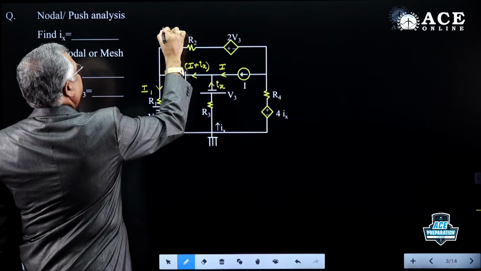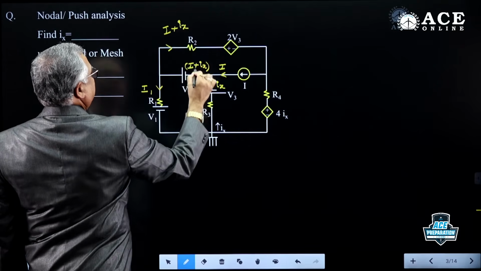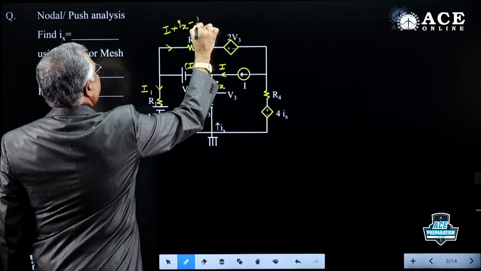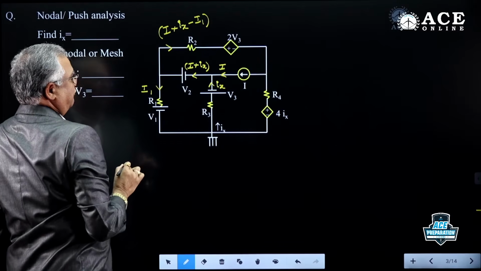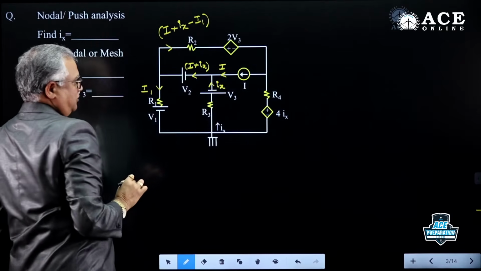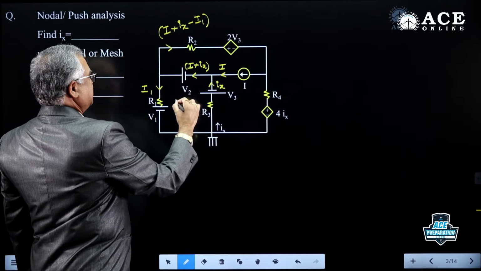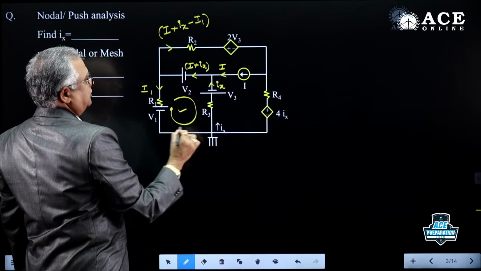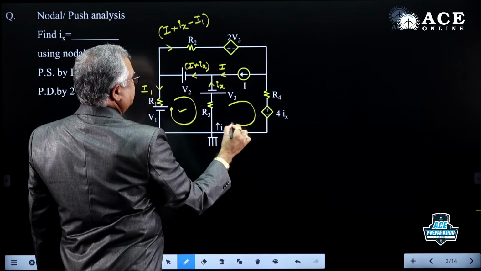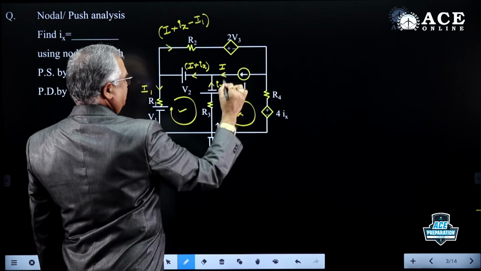And this is I. The total number of unknowns are Ix and I. Because of two unknowns, two equations. One mesh equation we can consider in this loop. This is accepted, and this mesh equation is not accepted. The reason is there is a current source.